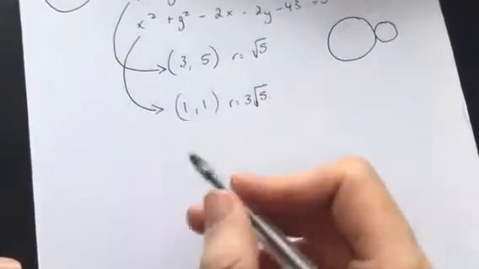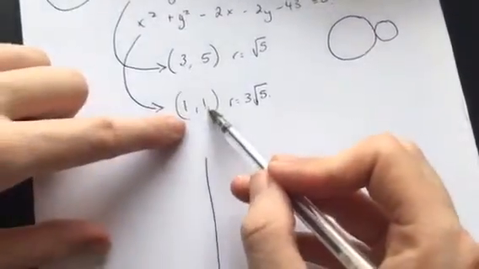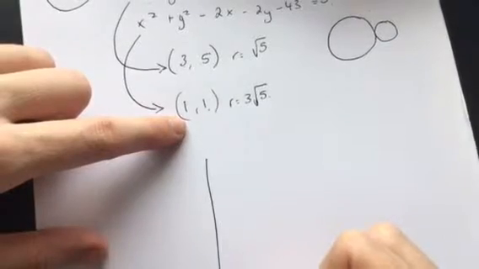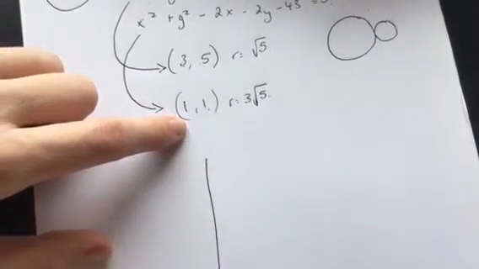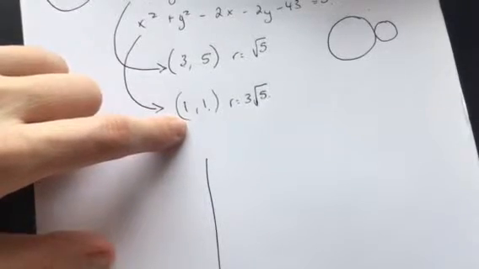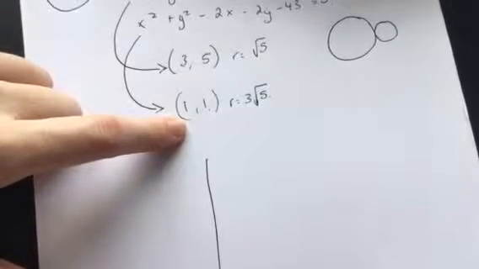Now that might allow me to sketch it a little bit better if I'm having any trouble with this question. So this one has a centre of 1, 1, and a radius of 3 root 5, so 6 point something maybe. So it's quite a big radius.